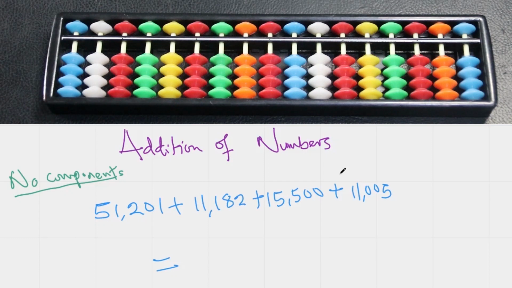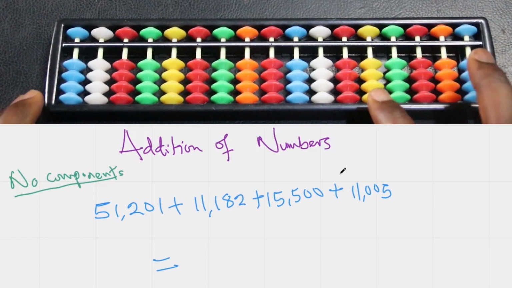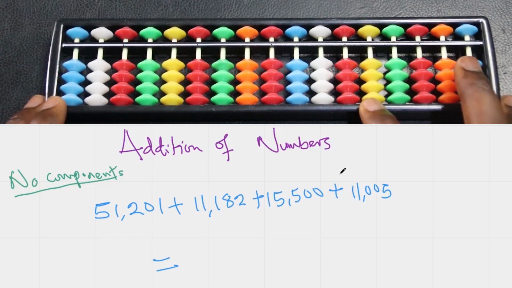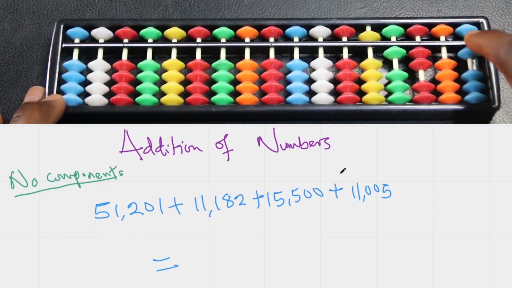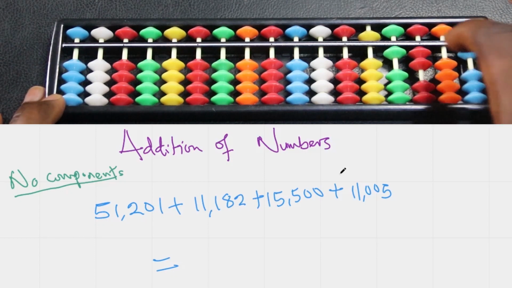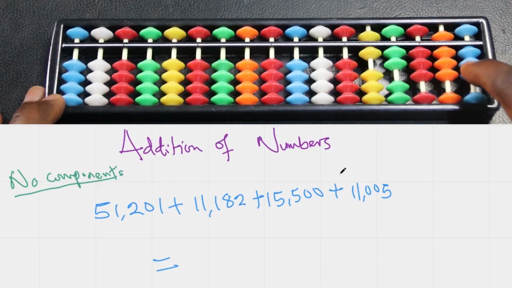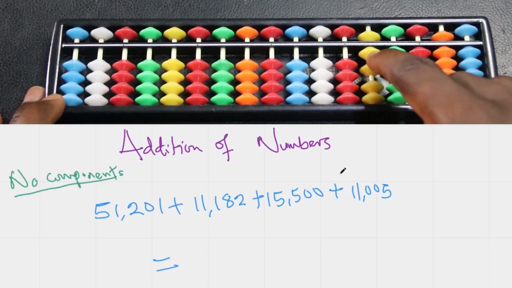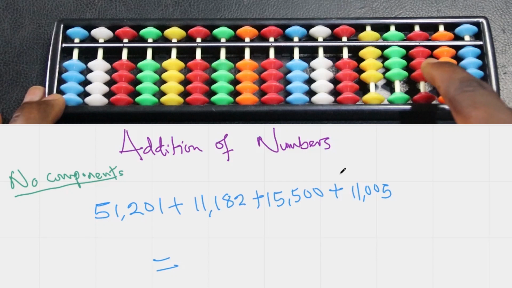Okay, so let's go ahead and add this. 5-digit numbers. We're going to be starting from yellow this time around, the row with yellow beads. So I have 51201 plus 11182 plus 15500 plus 11005.